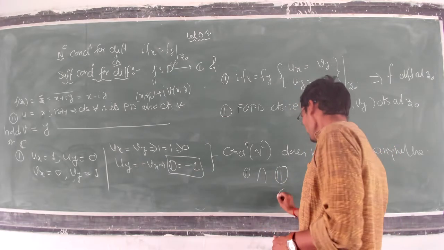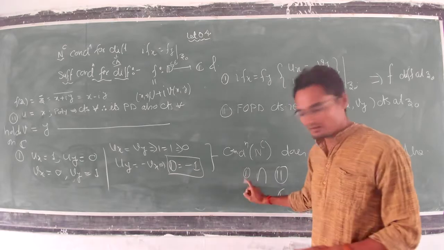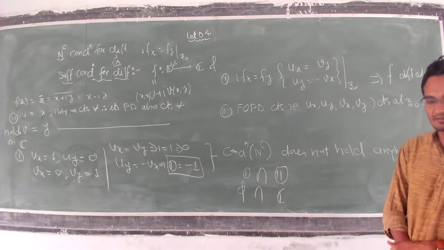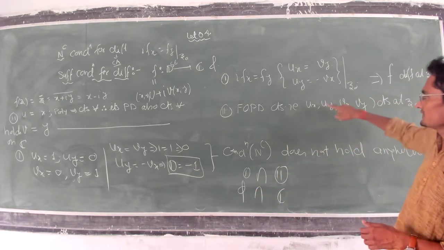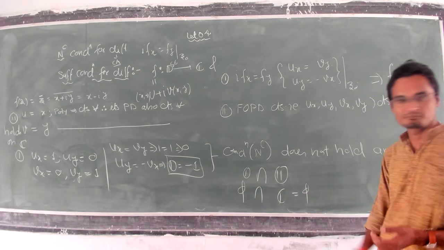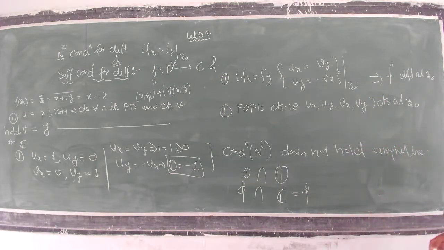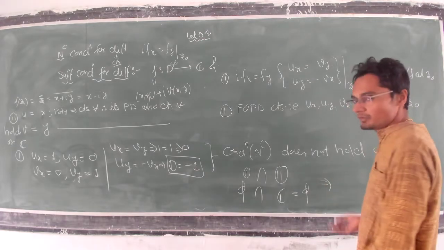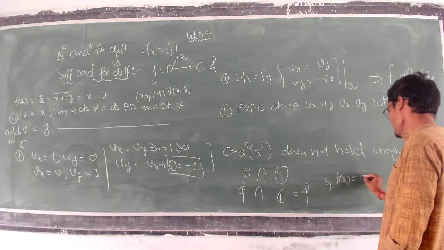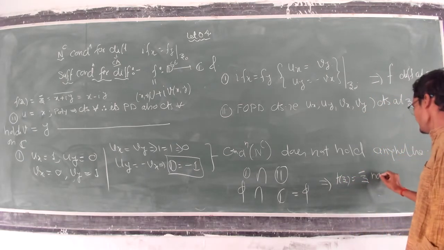Condition 2 is the whole of C, and condition 1 is the empty set, nowhere satisfied. So the intersection will be empty, meaning the two conditions nowhere hold together. This implies we do not have such a point. This implies that f(z) equal to z bar is nowhere differentiable.